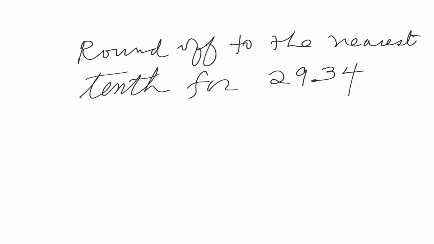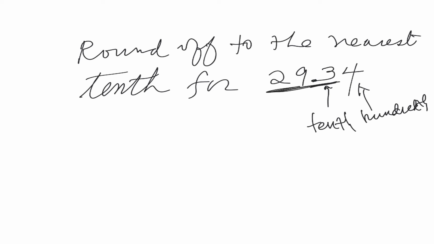All right, the tenth is actually this number. They call this position right after the decimal the 10th position. The next one is called the 100th. So when they want the nearest 10th, they want this number. Of course, the bigger numbers, they want to keep those also.